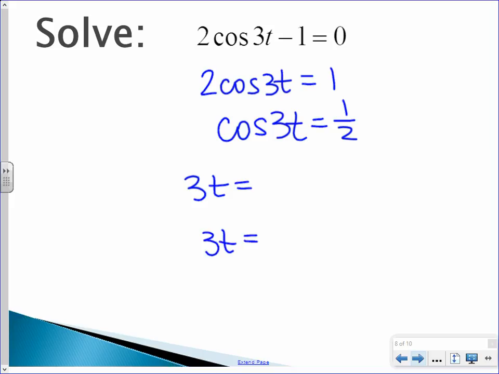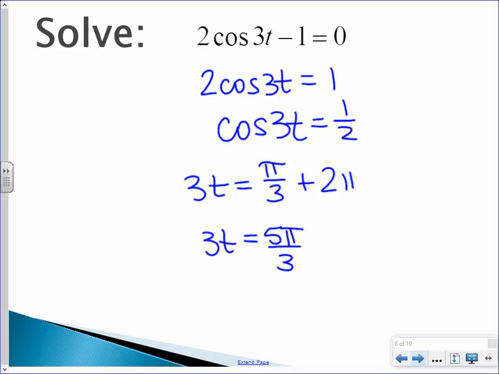What are the 2 places that cosine is 1/2? Pi over 3 and 5 pi over 3.